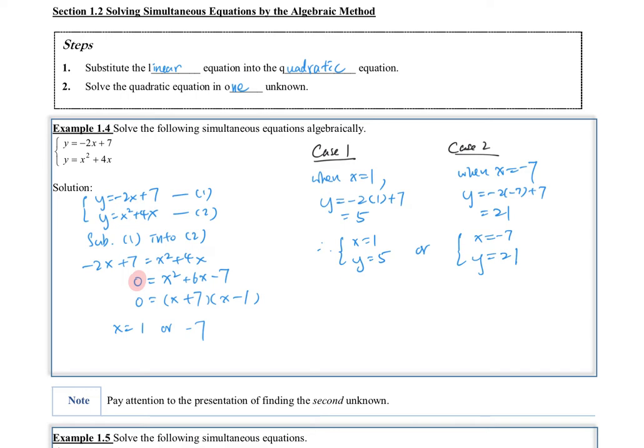This is the format of the final answer. You have to pay attention to the presentation of finding the second unknown. Remember to do them one by one. And I think for the rest of the calculation, it will be quite easy for you.